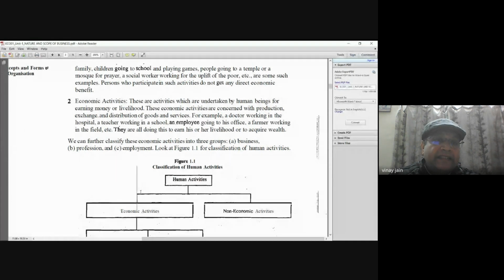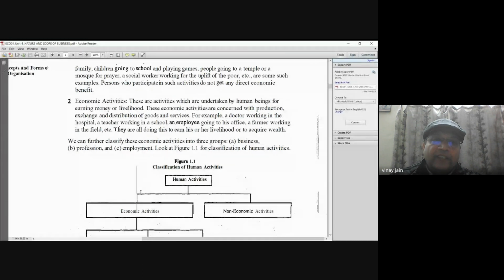So guys, this is something you need to take care of. If you are doing an activity but it is not giving you money in return, then this is non-economic activity. There are some activities which you just do for charity and for fulfillment of your duty, like parents have a duty towards their children.